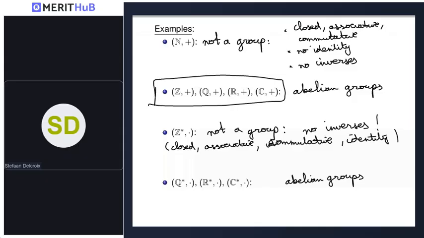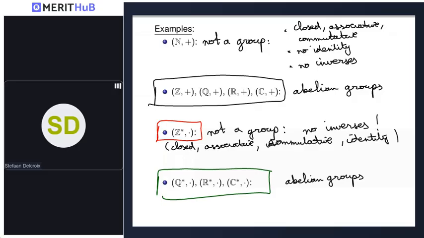So that is, I would say, the standard example: the integers under multiplication, not a group. And then no distinction. So at this point, we cannot distinguish between the rationals, the reals, and the complex numbers based on only the addition or the multiplication. They all have the same properties.